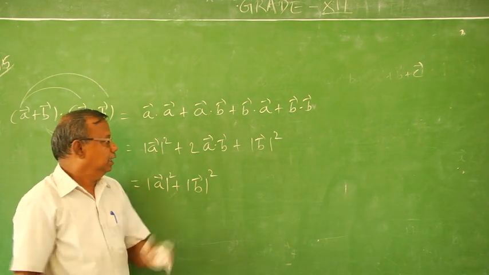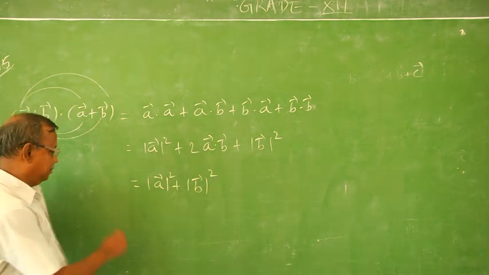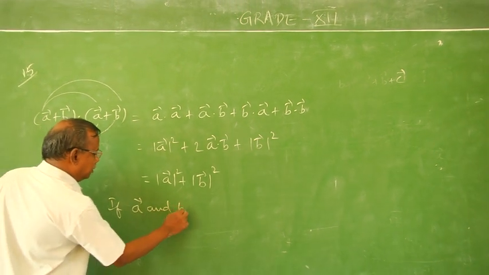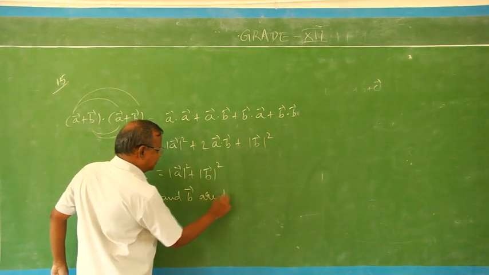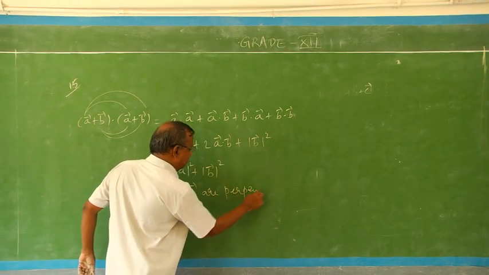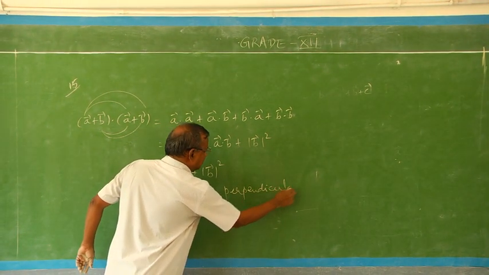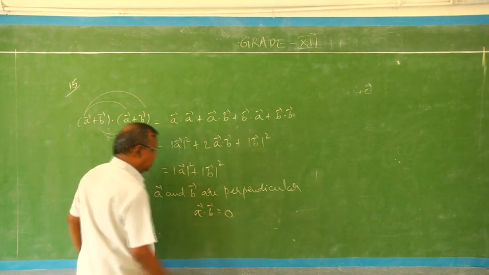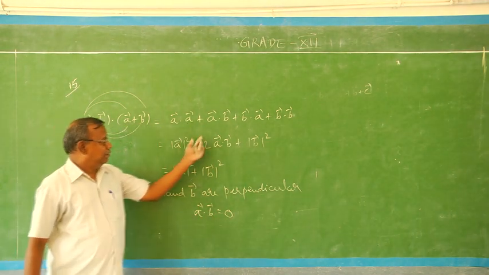Now if A vector and B vector are perpendicular, we have A vector dot B vector equal to 0. So in that case only it will be eliminated.